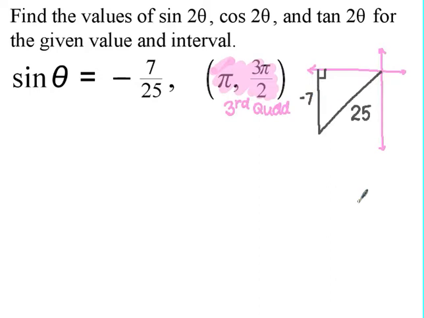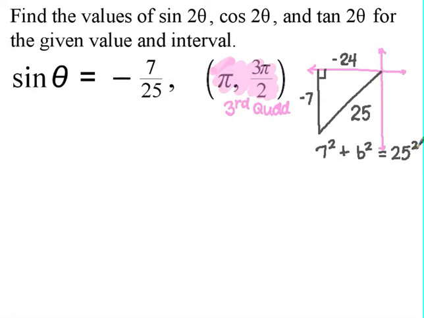So now I need to find what that horizontal side is. Does anybody remember what it will be since this is a Pythagorean triple? 24. And in this case it's going to be negative 24 because of where it's located. If you don't remember that, you could use the Pythagorean theorem: 7 squared plus b squared equals 25 squared. And then you would get 24.